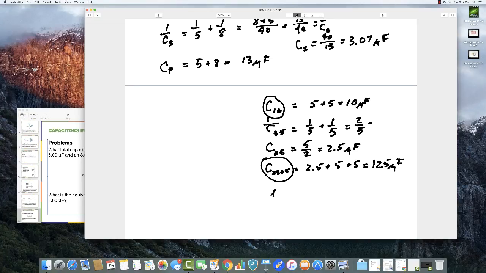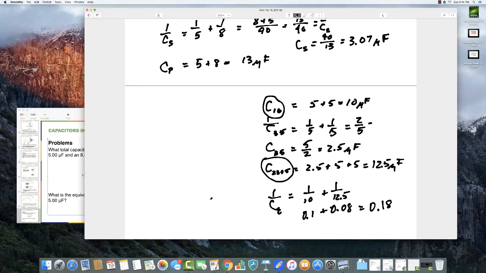And so we'll call it the total, or the equivalent, is going to be 1 over 10 plus 1 over 12.5. And there's a couple ways you can do this. You could say this is 0.1 plus, and if you take the reciprocal of 12.5, that's 0.08. So that's going to equal 0.18.